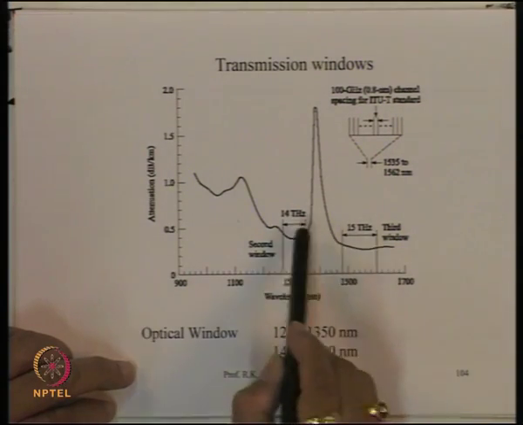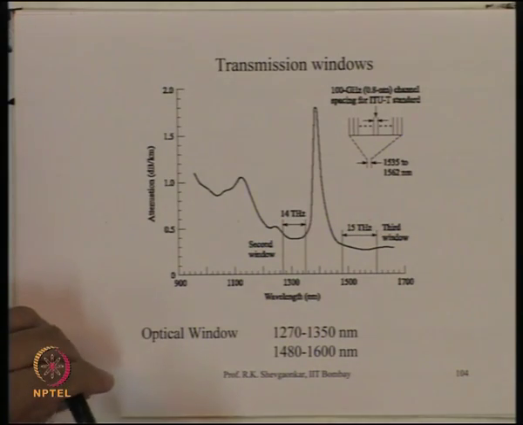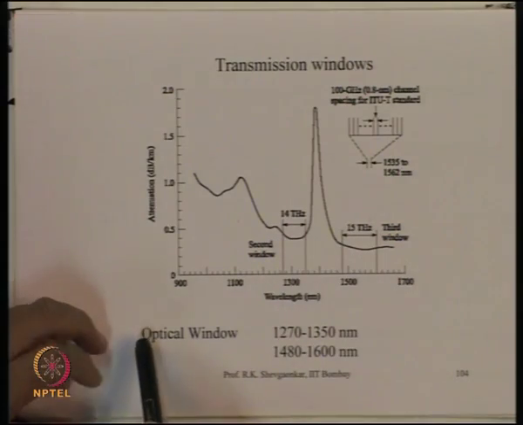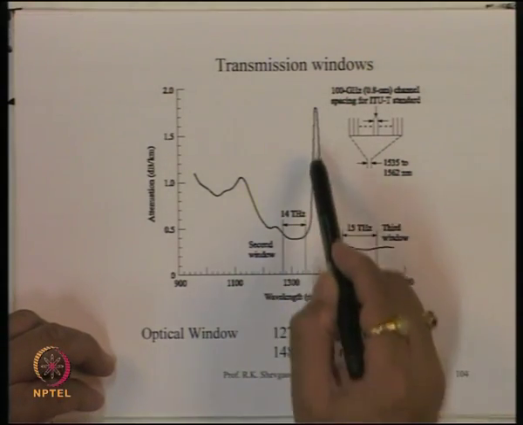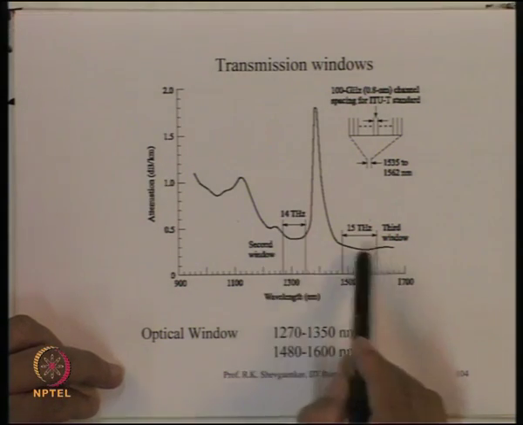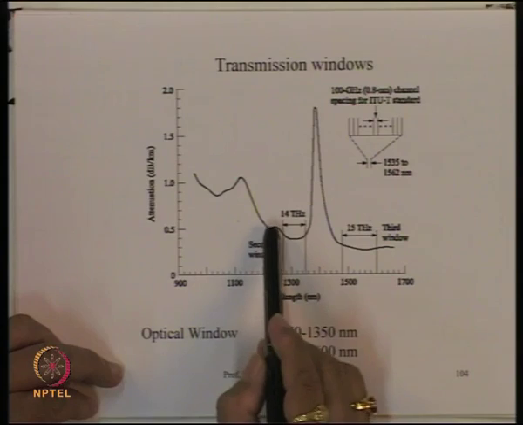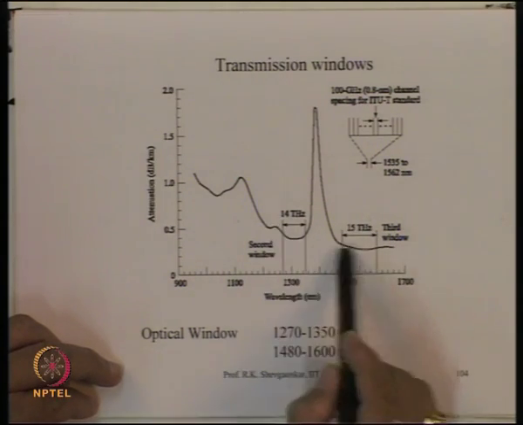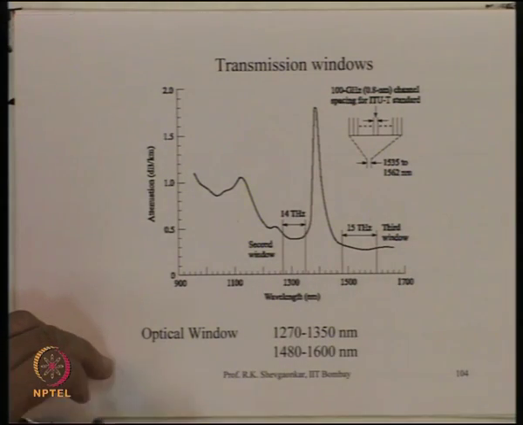That is where the loss is low. Advancement in optical fiber technology has also reduced this peak significantly, so we have a window extending from about 1200 nanometer up to about 1600 nanometer, where loss is reasonably small.